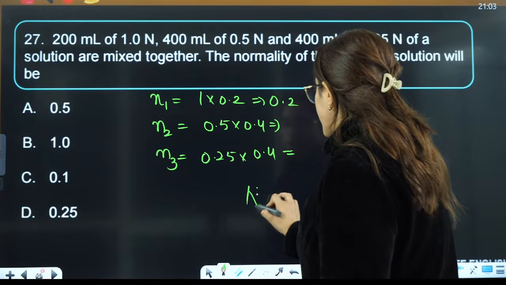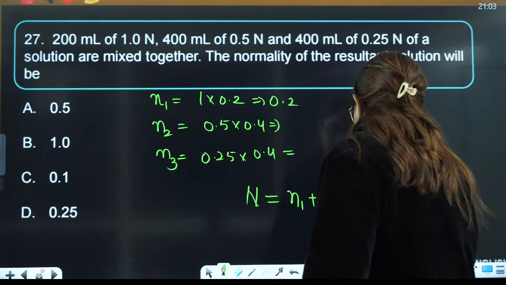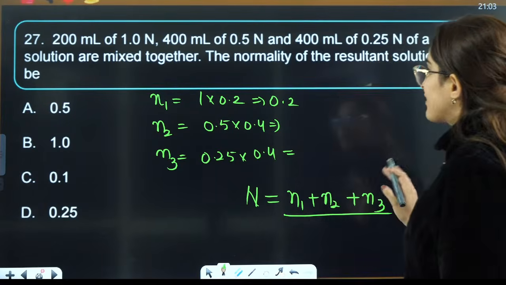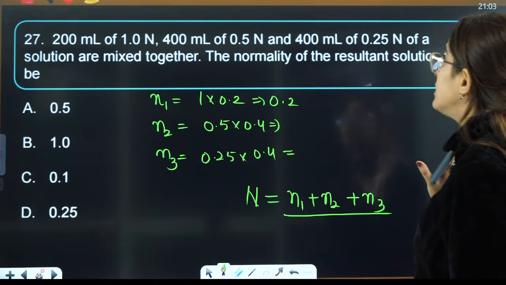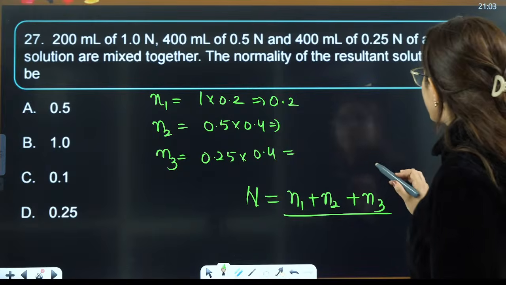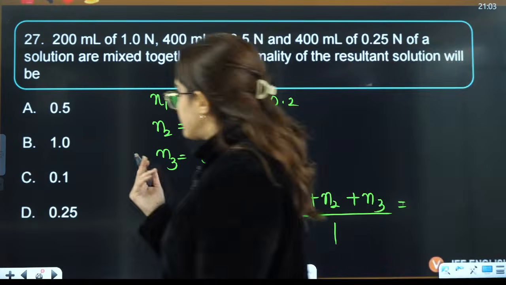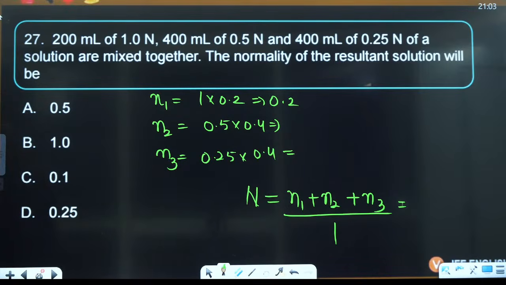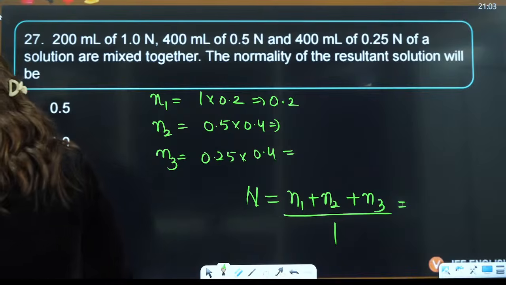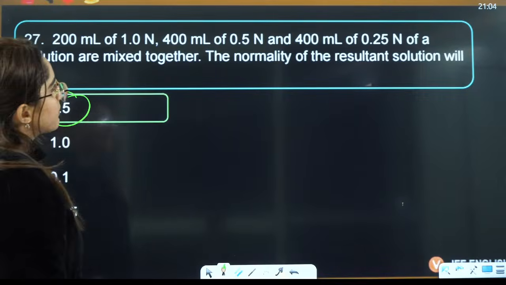Now what you will do: total N is equal to N1 plus N2 plus N3 divided by total volume. If I have solved all of them in liters, I'll do it here also in liters. So the volumes are 200, 400 and 400 milliliters, that is 1000 milliliters, that is 1 liter. Just solve it and you will have your answer. After solving, 0.5 will be the answer here.